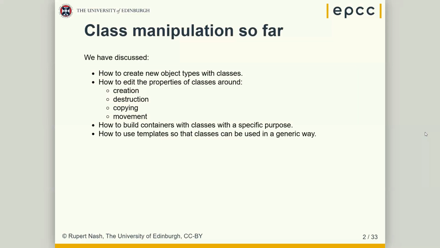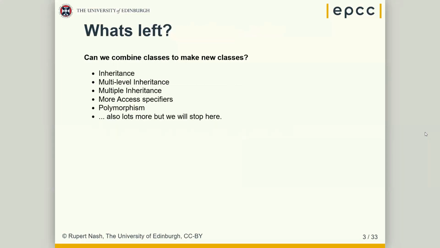So yeah, we discussed how to create new object types for classes, how to edit their properties around creation, destruction, copying, and movement. And then in the example, we've seen the ways to build containers with classes with a specific purpose. And we've seen how templates can make these classes be used in a generic way. And now we need to think about ways we can do combinations of these classes. So we have inheritance.